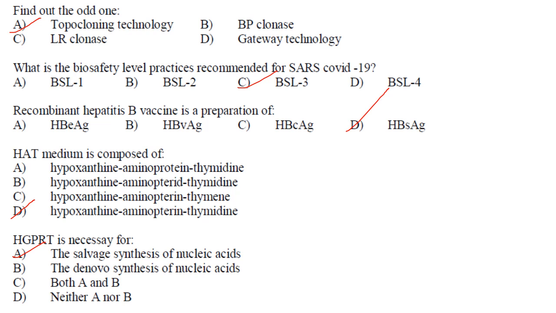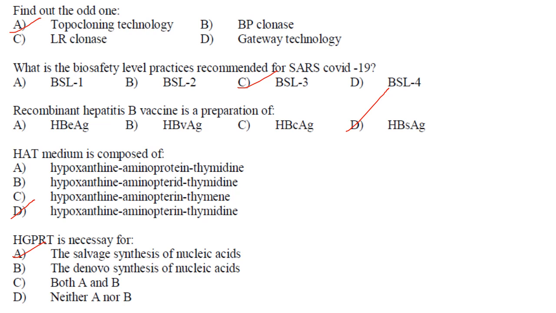Next one. What is the biosafety level practice recommended for SARS-CoV-2? So it is biosafety level 3. Answer is option C. Then recombinant hepatitis B vaccine is a preparation of. So hepatitis B vaccine is composed of hepatitis B surface antigens adsorbed onto aluminium adjuvant. So answer is option D, that is HBsAg.